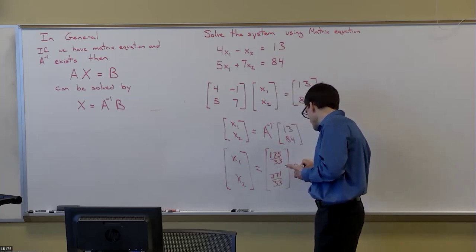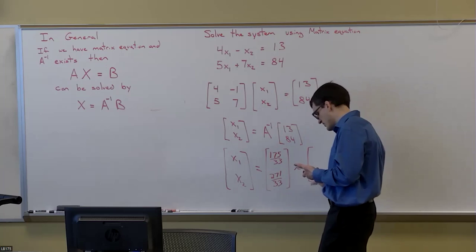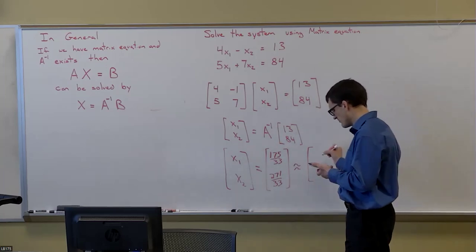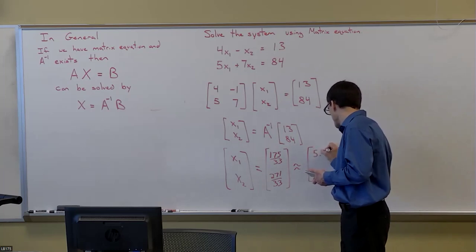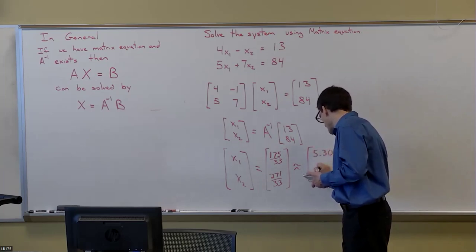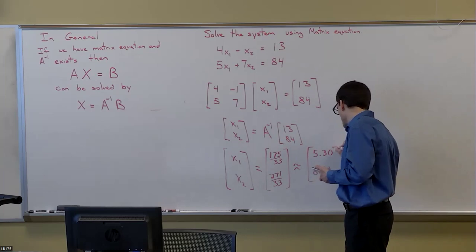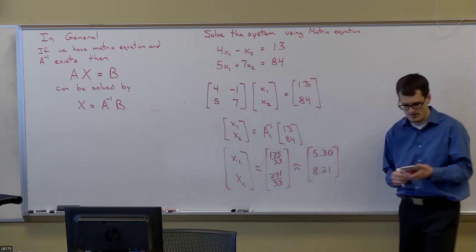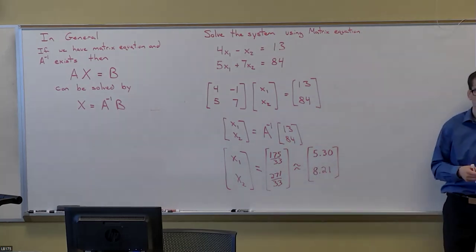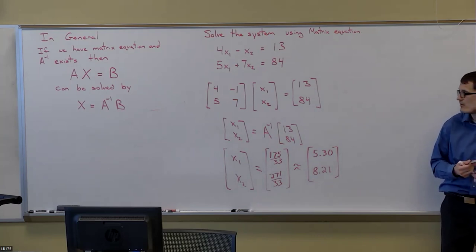Which rounded to a couple of decimal places, which you would have to do, would be like 5.30 and 8.21, is that right? Did I do that correctly? Good, all right, making sure. Sometimes, especially when I'm going quick and writing stuff down quick, it's easy to get one number wrong and then that'll throw the whole thing off, obviously.